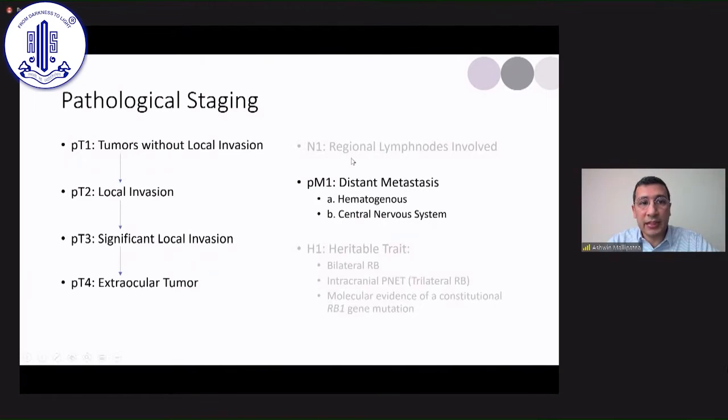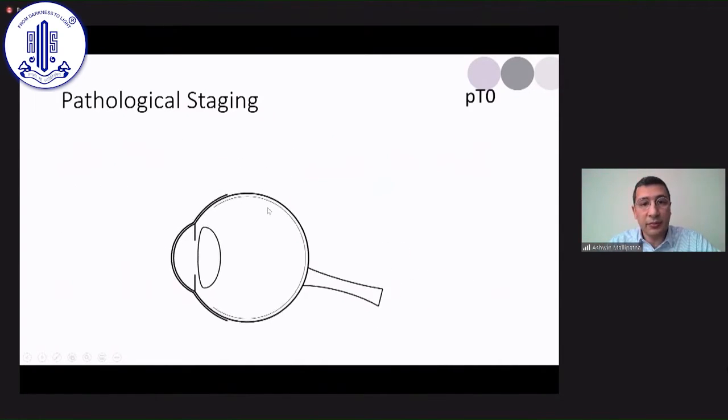And with the pathological classification, we tried to maintain a similar stage-wise approach. It was a little bit harder, where pT1 was tumor without local invasion, pT2 was only local invasion, pT3 was significant local invasion, and pT4 would be extraocular. And of course, we also had the pathological proof of metastasis, which was A and B, with the hematogenous and central nervous system being involved.